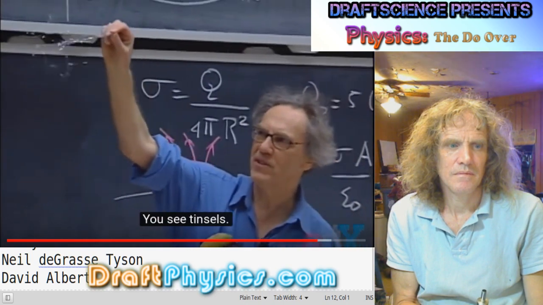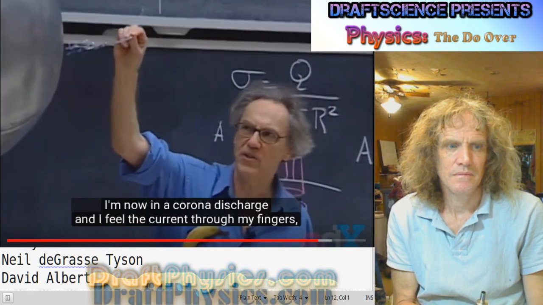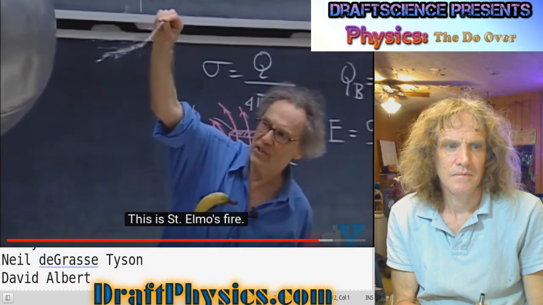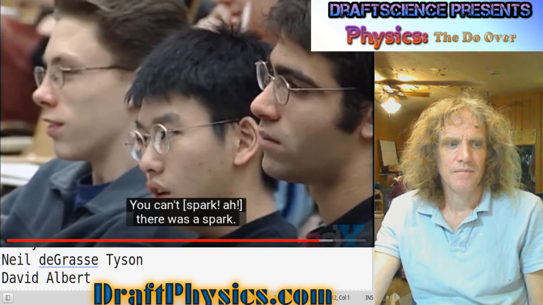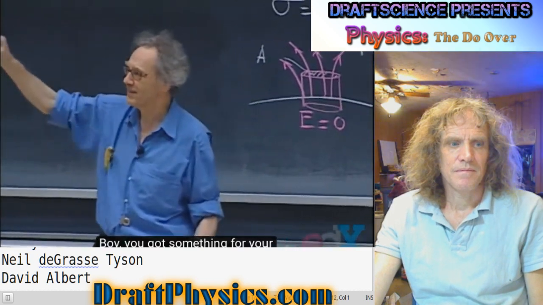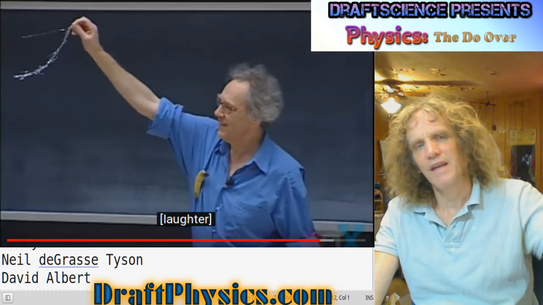You see the tinsels? I'm now in a corona discharge, and I feel the current through my fingers. It's continuous discharge now. This is St. Elmo's fire. Ah, that was a spark. Doesn't really stop the noise, so he's not draining very much.